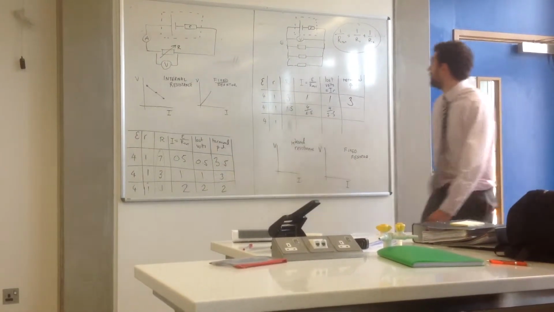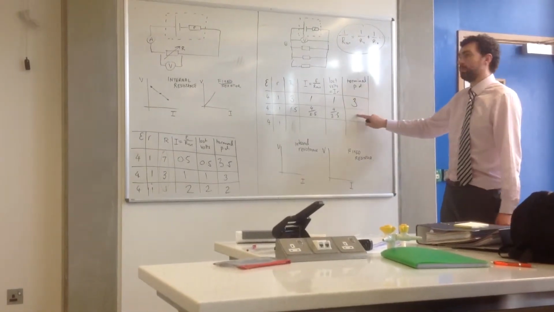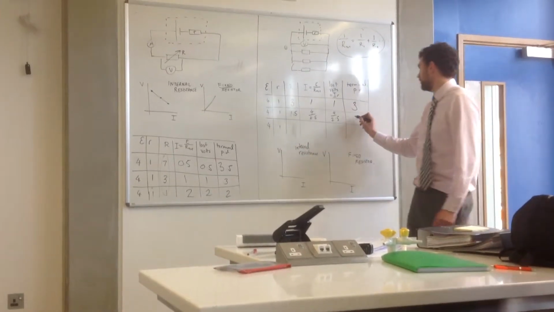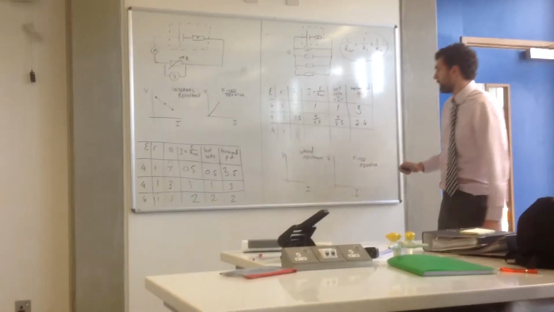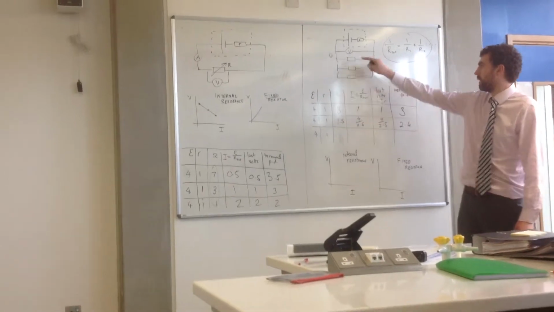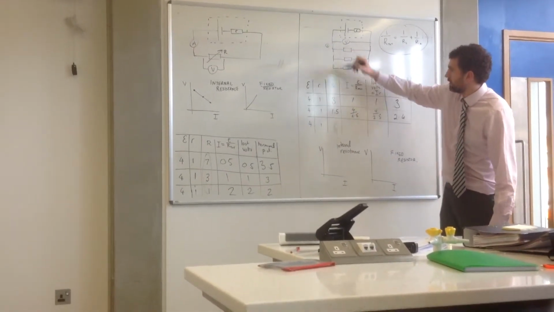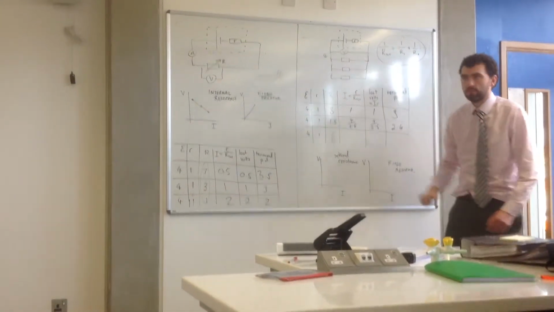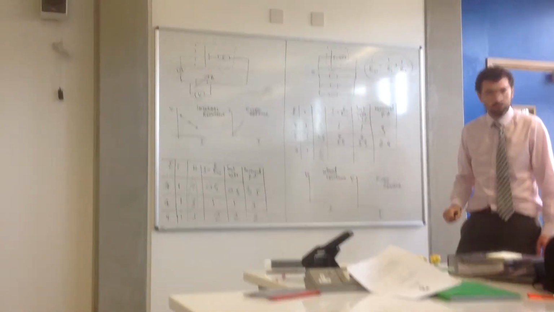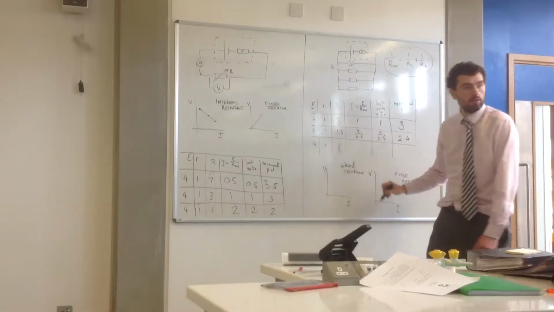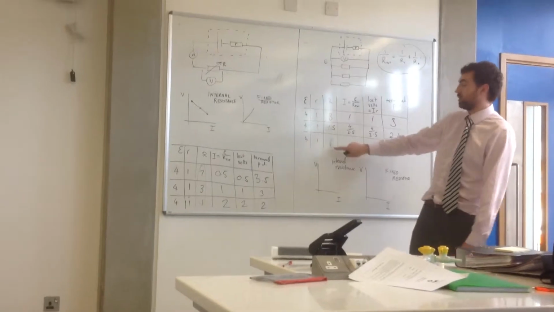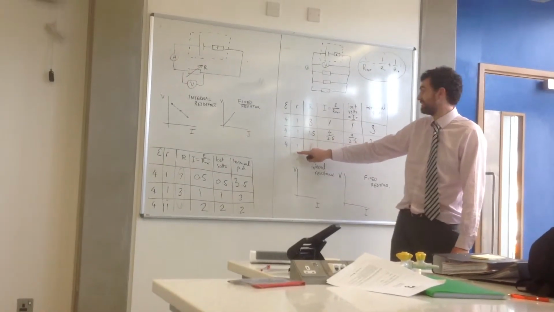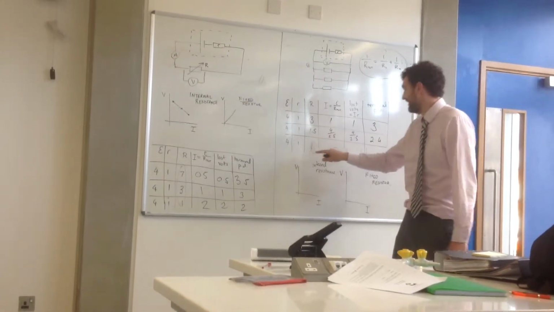Now, what's the peak terminal PD? 2.4. Now, here, what's going to happen is I close the last switch, and it's going to be 1 over 3 plus 1 over 3 plus 1 over 3, which is 3 over 3. So the external resistance is 1. The total resistance in the circuit is going to be 2.